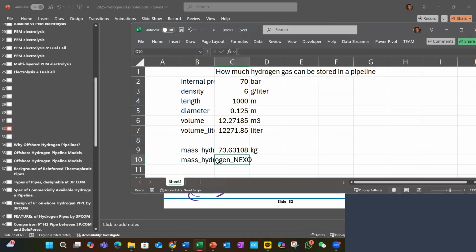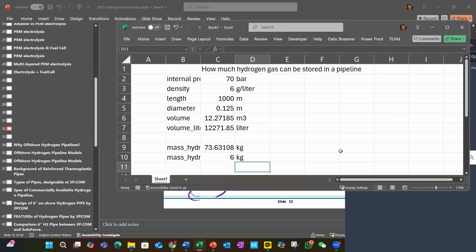About 6 kilogram of hydrogen is needed for the full tank. So actually, as you can see, about 10 cars can be fed. We can cover about 10 hydrogen cars using this much hydrogen pipeline system.